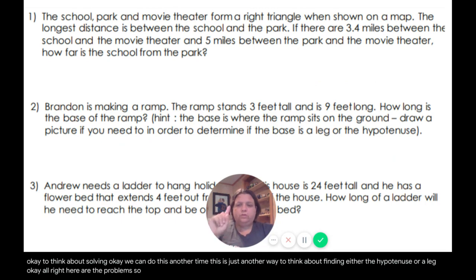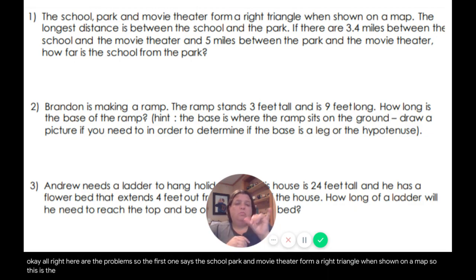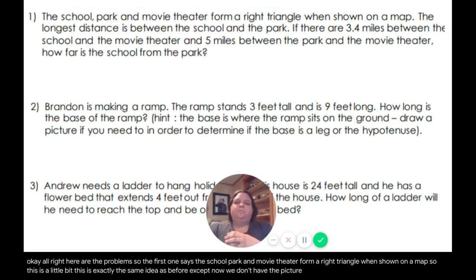So, the first one says, the school, park, and movie theater form a right triangle when shown on a map. This is exactly the same idea as before, except now we don't have the picture. The longest distance is between the school and the park.